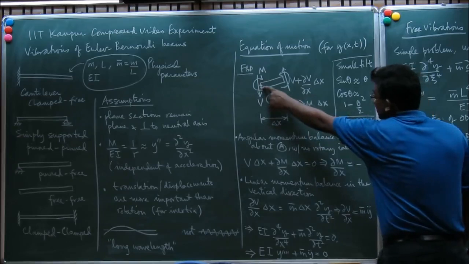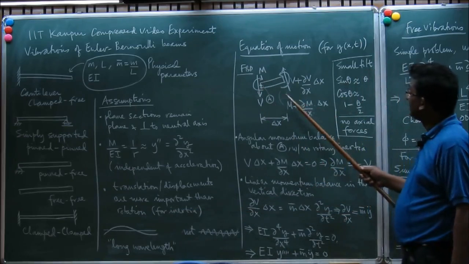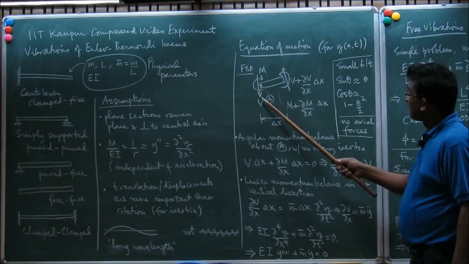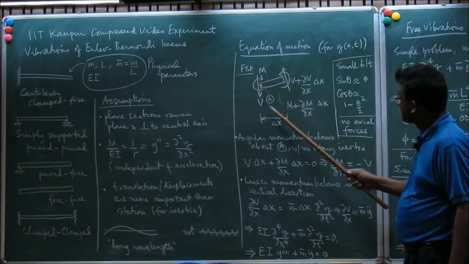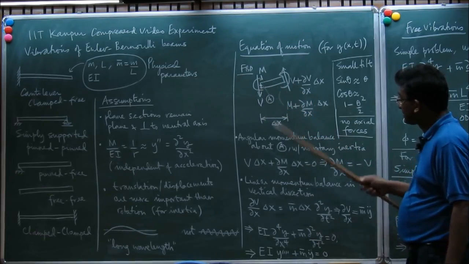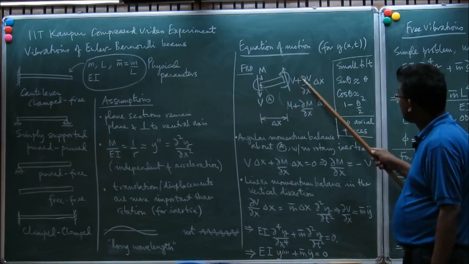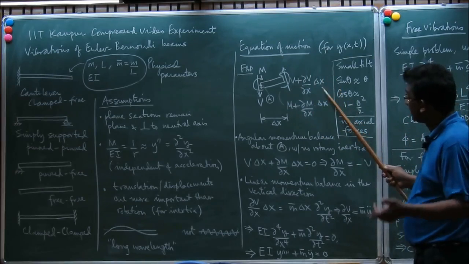Angular momentum balance about A. As we have said here, rotary inertia is to be neglected, and so the sum of moments about A should be 0. This V passes through A, it has no moment. This V is a distance delta x away, so it has a moment V delta x counterclockwise. This part, del V del x times delta x, contributes a quadratic term, so it is thrown away.